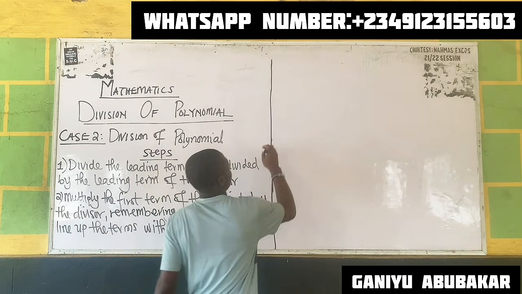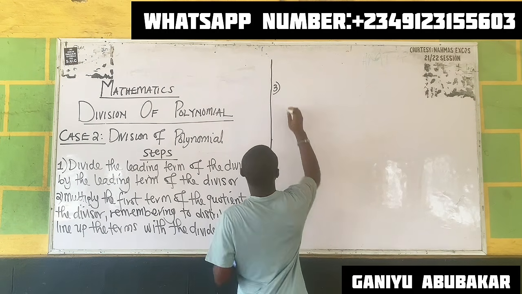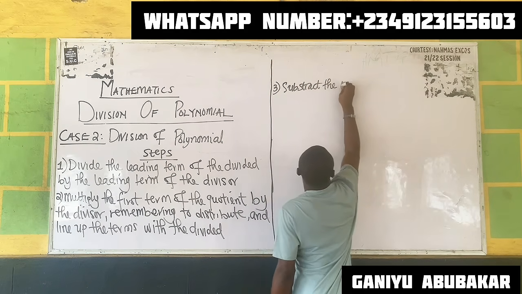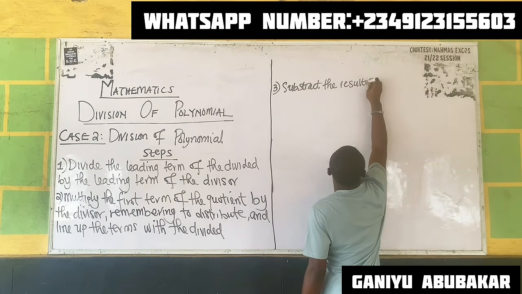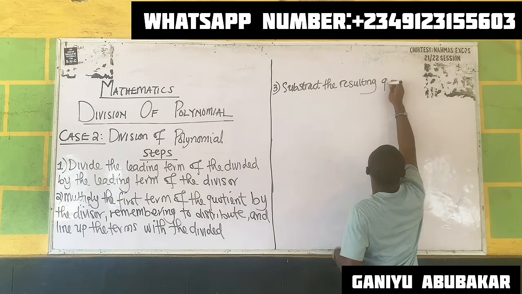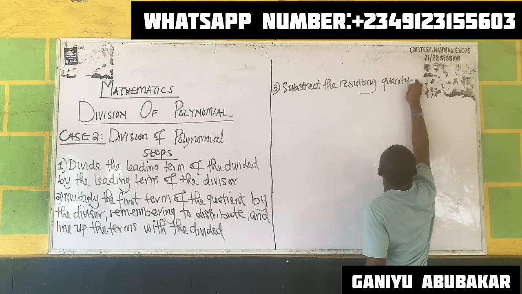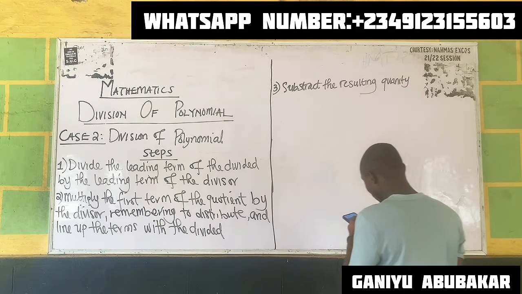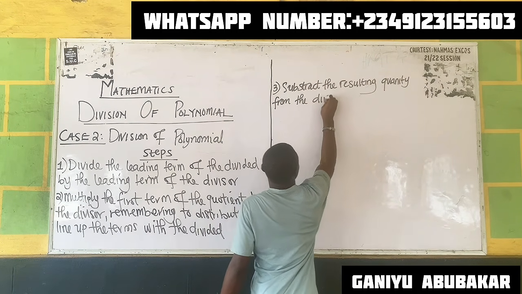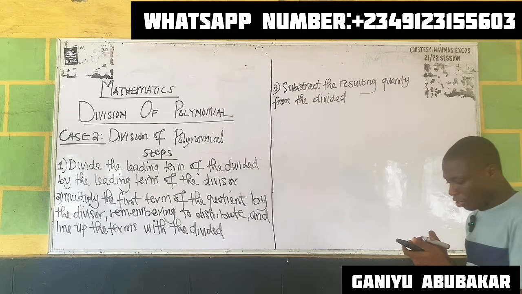Step 3: subtract the resulting quantity from the dividend. Alright, step 3 done.